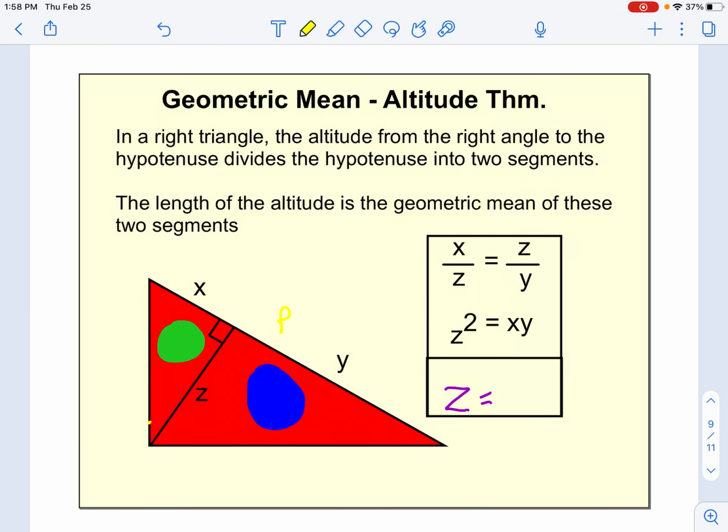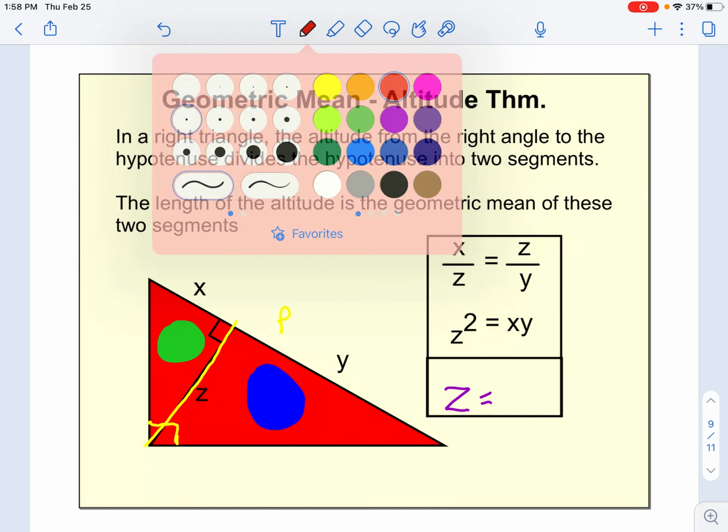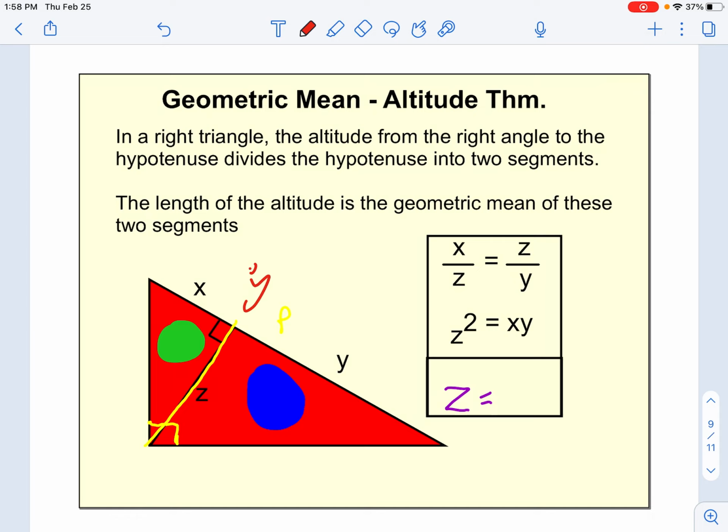Again, it says in this right triangle, the altitude from the right angle to the hypotenuse, remember the hypotenuse? That's the hypotenuse of that red triangle. So the length of that altitude, in this case we're calling it Z, is the geometric mean of the two segments.